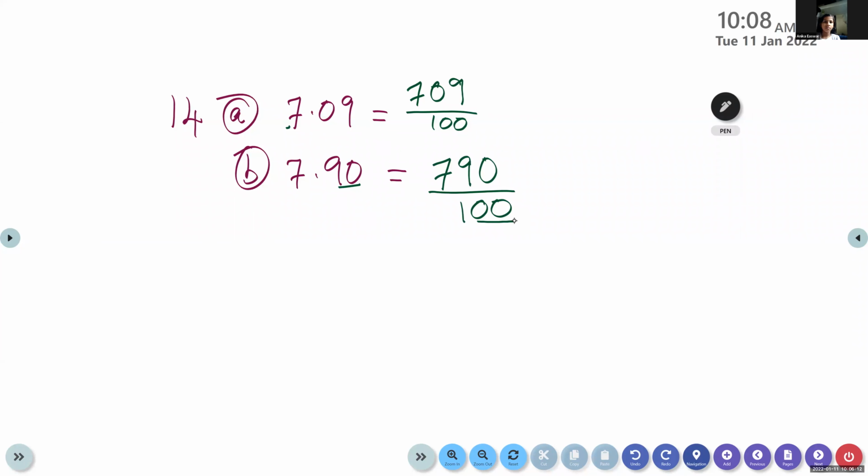Nathik Joseph, can you read the question? Ma'am, write the following as decimals. Okay. So, can you read that?